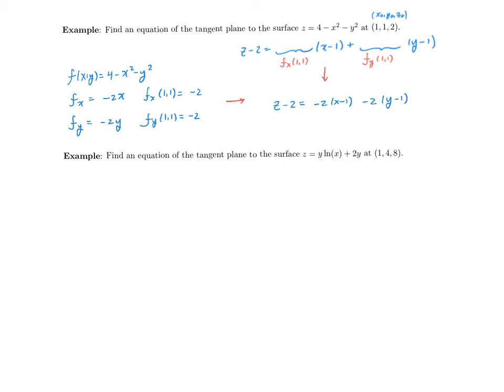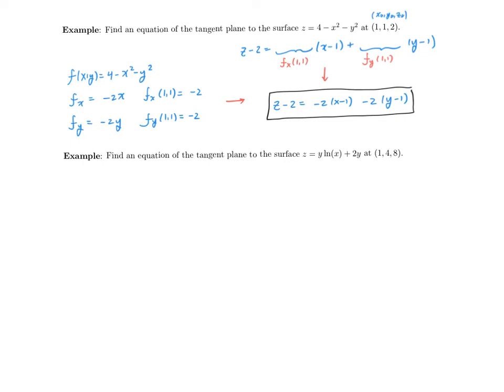And I would recommend leaving the equation of the tangent plane exactly in this form because I can now clearly read off the point 1, 1, 2 along with those desired values of the partials with respect to x and y. And I think this gives a good illustration or template for finding equations of tangent planes.